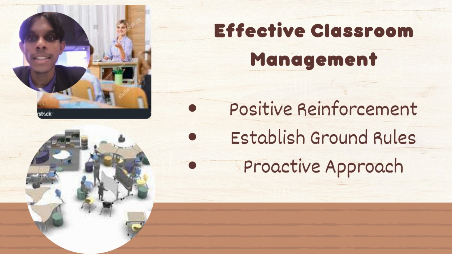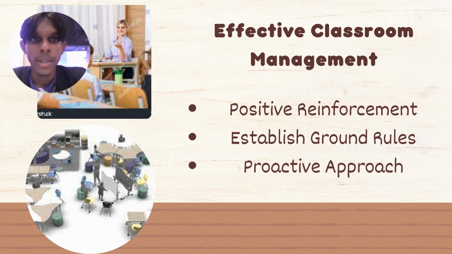For the second one, establish ground rules. Clearly defined expectations and consistent classroom rules provide structure and guidance for students. So when everyone knows what's expected of them, it helps maintain order and minimizes misunderstandings.